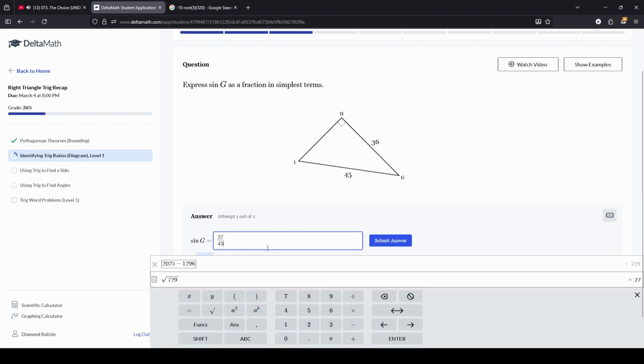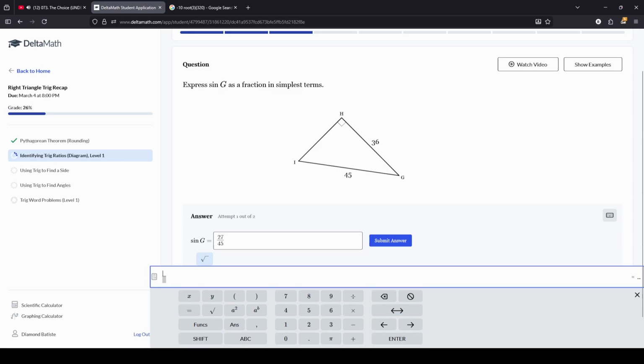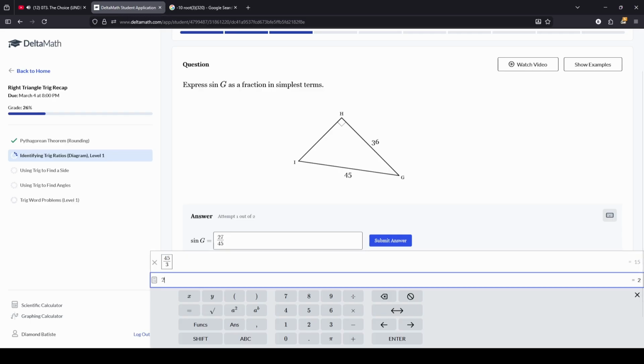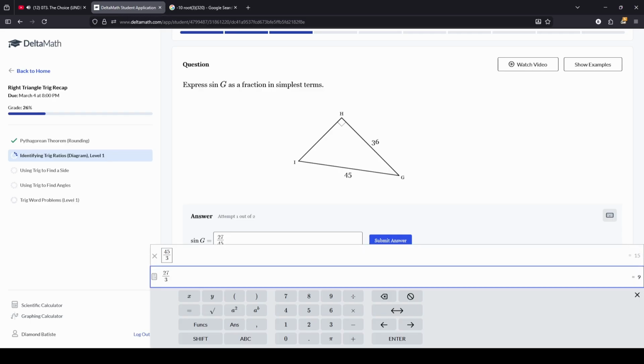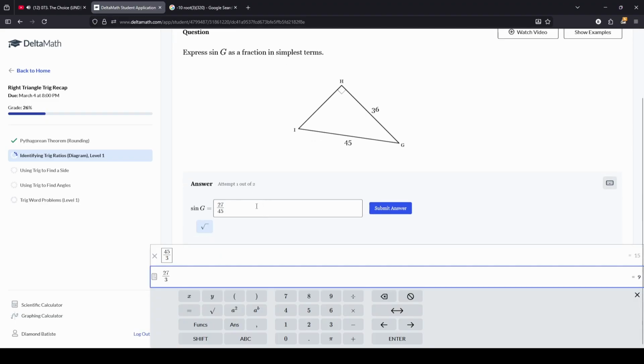I don't think that this can be shortened, but just in case, 45, 3. Are you serious? 27, 3. Well, I'll be. Alright, well, if you say so.